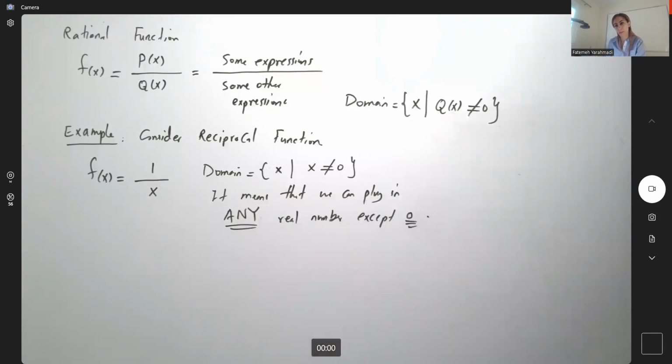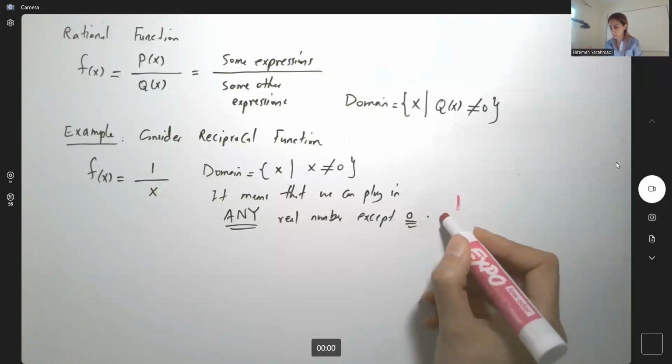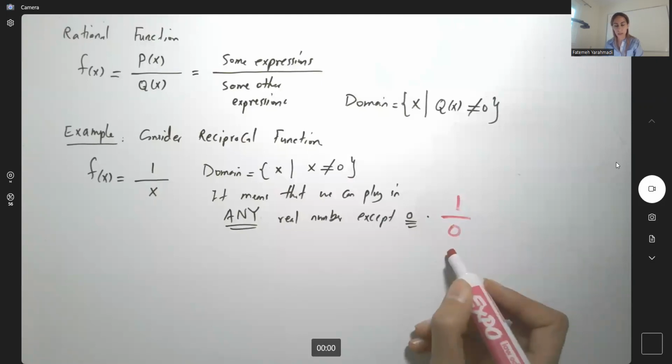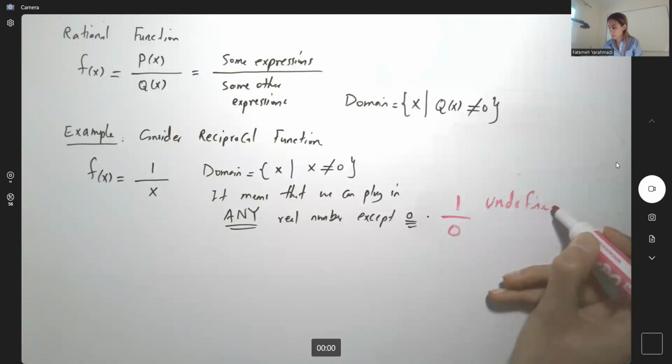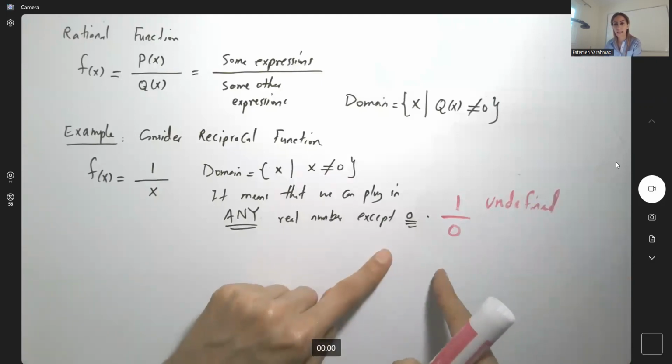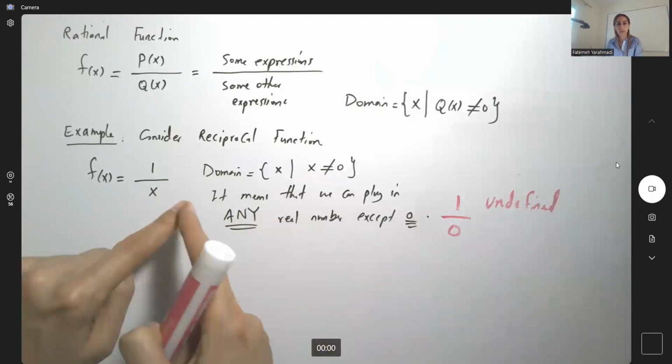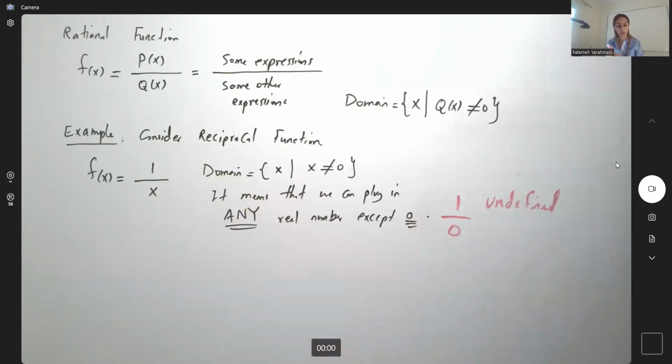This is the problematic part. We are not allowed to use 0. Why? Because if I plug in 0, I end up seeing 1 divided by 0, which is undefined. So since you are not allowed to plug in 0, you have to exclude 0 from the domain.